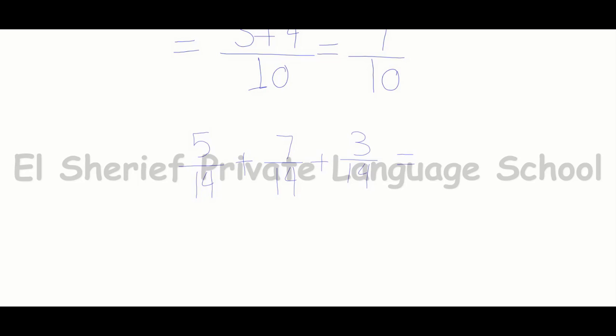Here we have the same denominator, so what's the denominator? 14. Plus the numerators. Here we have 5 plus 7 plus 3. 3 plus 7 equals 10. 10 plus 5 equals 15. 15 over 14.